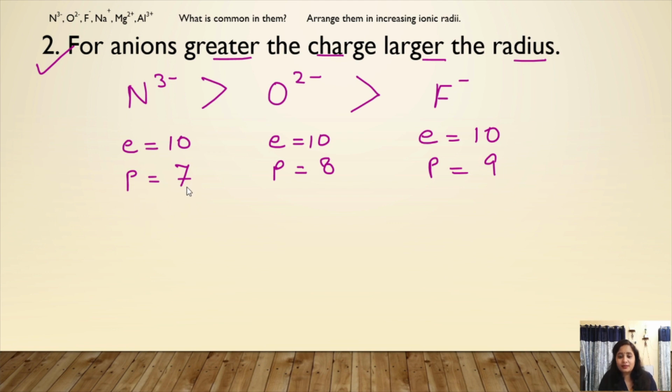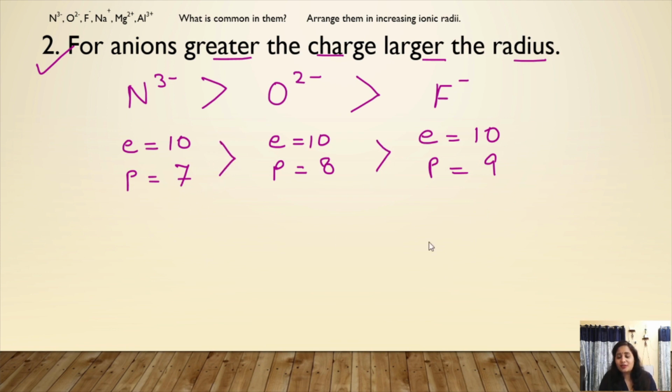Now see again, as I told, the more the protons, the smaller the size. Now see here, more the protons, in case of fluoride ion the number of protons is 9. So it is more, which means it has a smaller size than the oxygen, which has 8 protons. So we can say like this, and again like this.